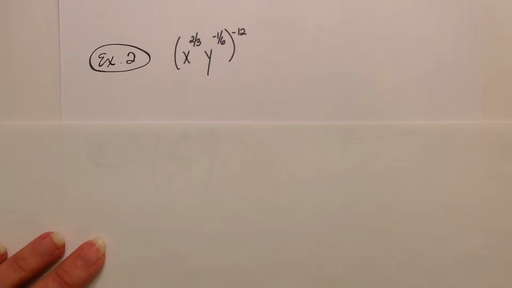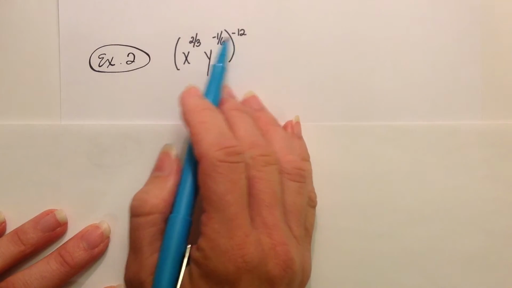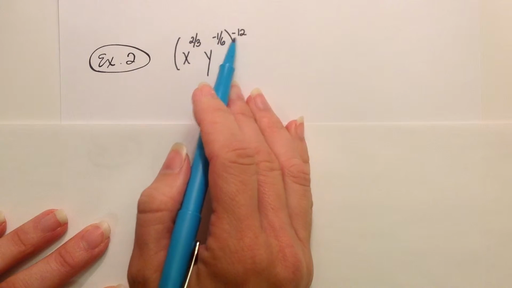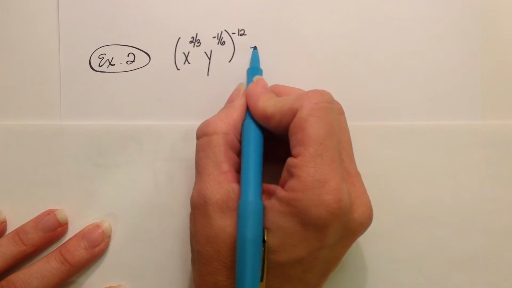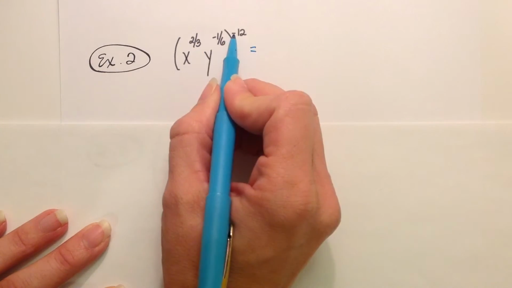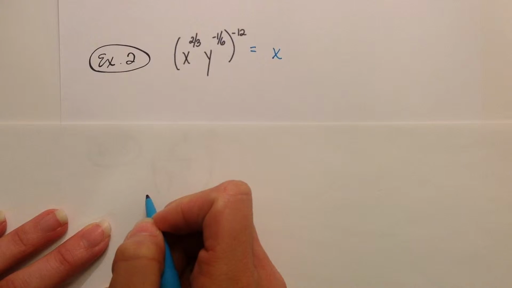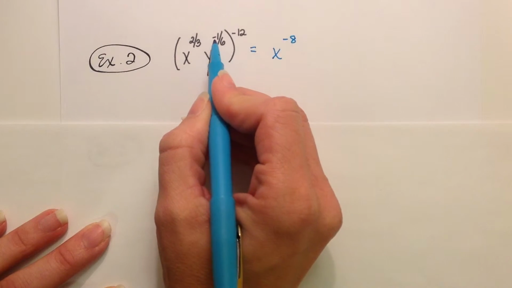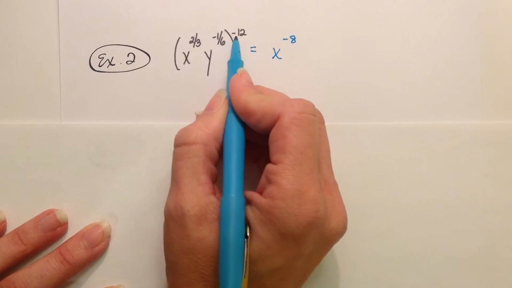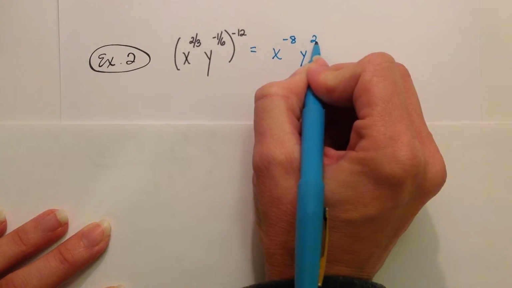All right, next. Okay, actually using the same rule that we just finished using, power to a power, then I need to multiply, but I'd have to apply that to each of these. So if I do 2/3 times -12, that's going to end up giving me what, -8? And then here I would have to do -1/6 times -12, so that would end up giving me a +2.